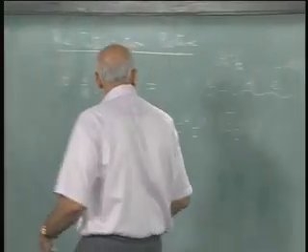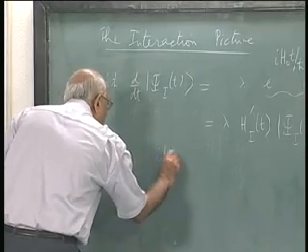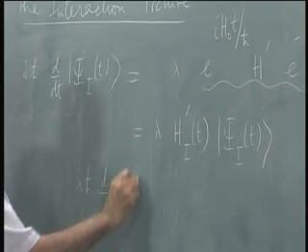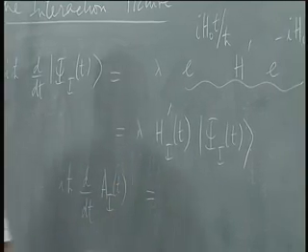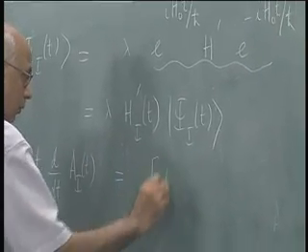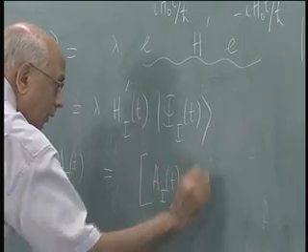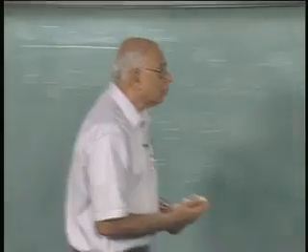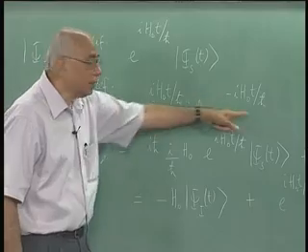So it immediately says with H₀, iħ d/dt A_I(t) is equal to the commutator of A_I(t) with H₀ and not H, because if you differentiate it you are going to get this H₀ coming on this side and then the H₀ on the other side.